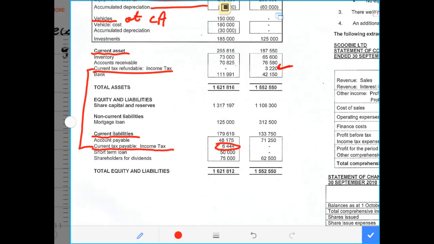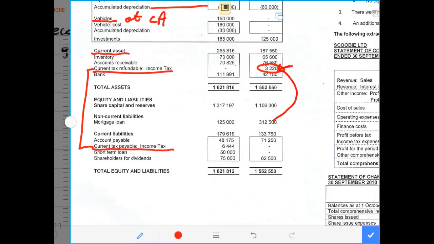That means by the end of the current year, we were owing SARS a tax amount of 6,444. However, at the end of the year 2009, SARS was owing us an amount of 3,220, the one that is current tax appearing under current assets.